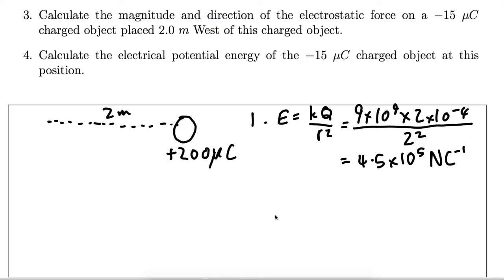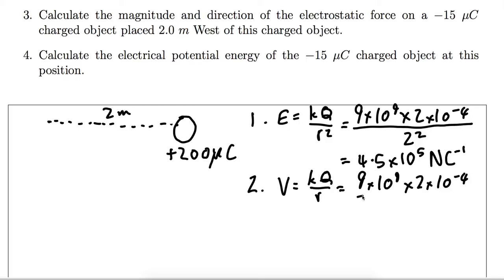So we can also work out the electric potential at that point. So not the potential energy, but the potential, which is kind of generalized. So part 2, V equals, and it's actually very similar, KQ, but over R rather than R squared. So the top line of the equation is just the same, 9 by 10 to the 9 times 2 by 10 to the minus 4, but the bottom line is R instead of R squared, so it's just 2.